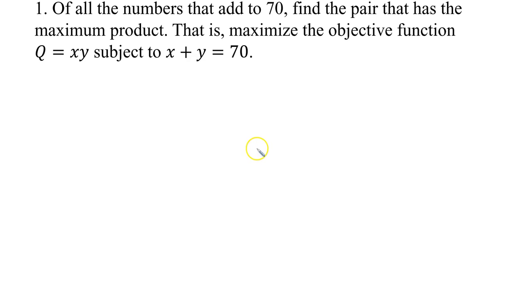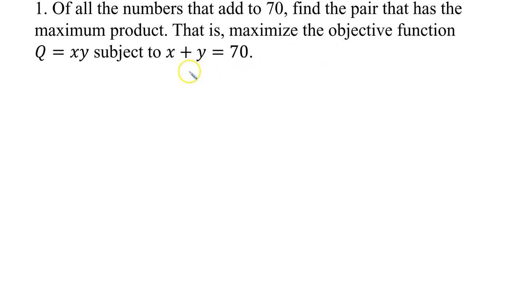And that is to maximize what we call the objective function Q, where Q is the product of two values. We also know that because it says all of the numbers must add to 70, then our two numbers x and y, the sum of those is 70. Sometimes you might just be given the first sentence of this problem, and then the second sentence is what you would actually come up with.